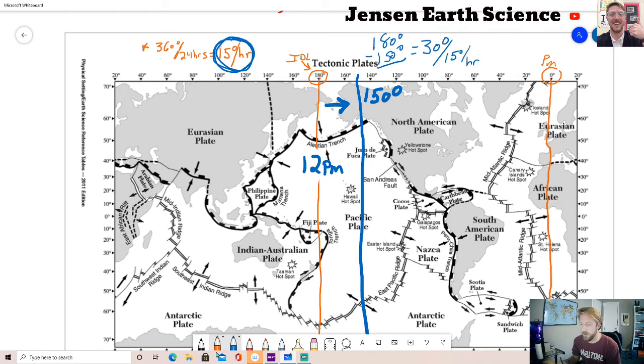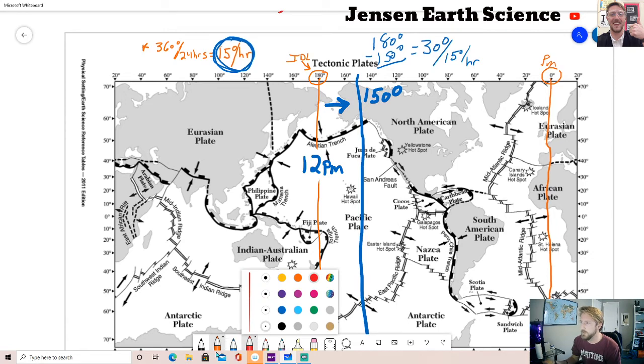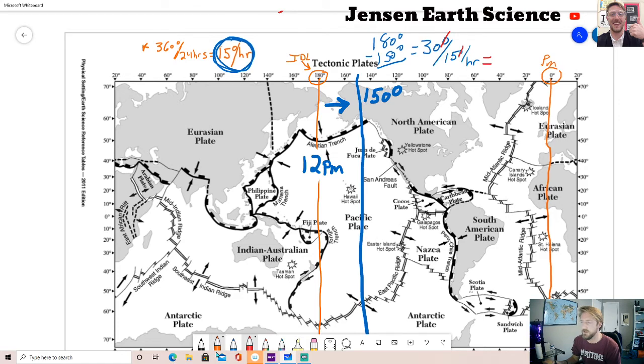Now, technically with math equations, I have two matching units, so I can get rid of the degrees, and this will give me the difference in time in hours. So 30 divided by 15 is a 2-hour difference. Then I have to figure out, is it 2 hours ahead in time, or 2 hours behind in time? If I am moving to the east, it gets later in the day.